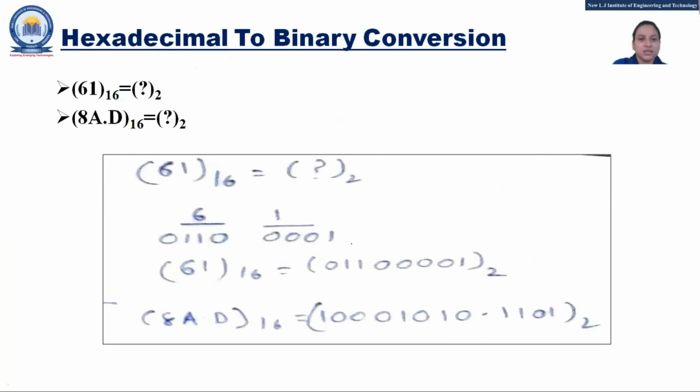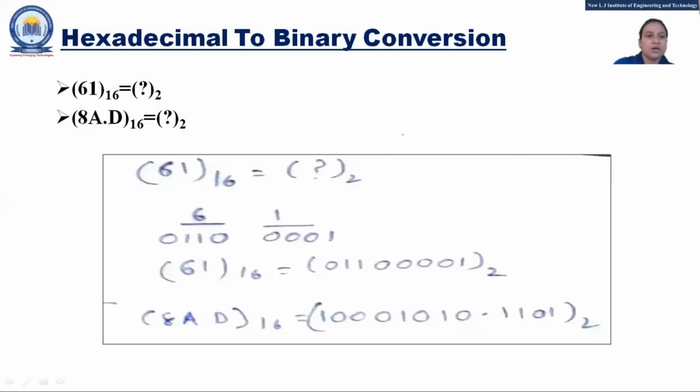Now let's take how a hexadecimal number gets converted into its binary equivalent. So here, first 61. Now what is the binary equivalent of 6? We have to consider 4 bits.